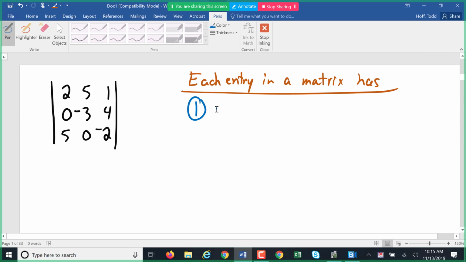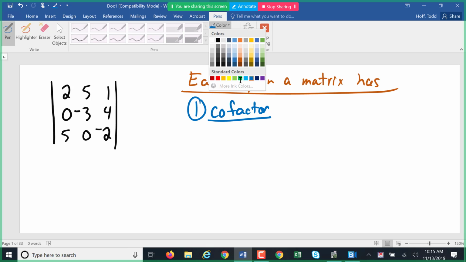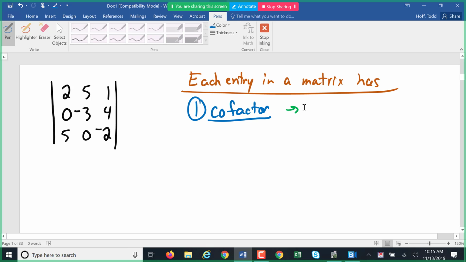One property is a cofactor. The cofactor of an element in the matrix is either its value or negative 1 times its value. Well, how do we know which? Well, it's based off of position.